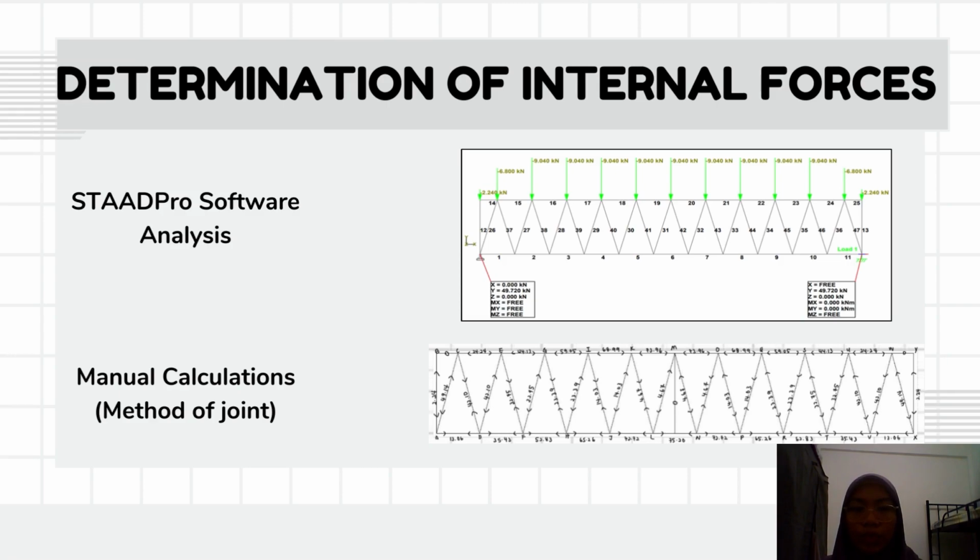For STAAD.Pro, we transfer all of the load in the truss and also in the purlin into the STAAD.Pro software, and we got the analysis just like the figure above. For the manual calculations, we use the method of joints to determine internal force. In these studies, we just analyze truss 3/5, which is renamed as truss 2.